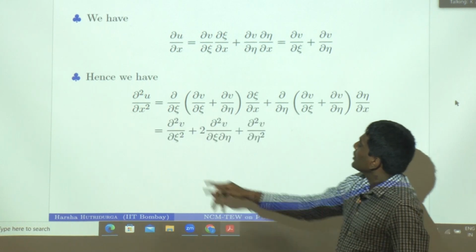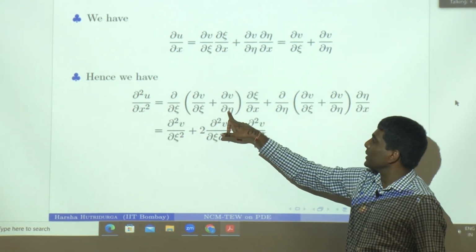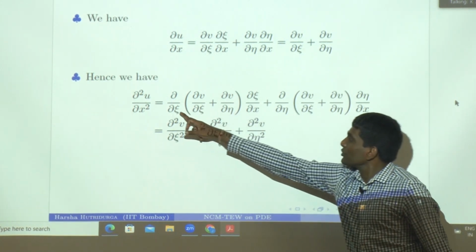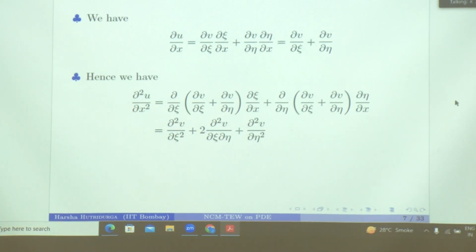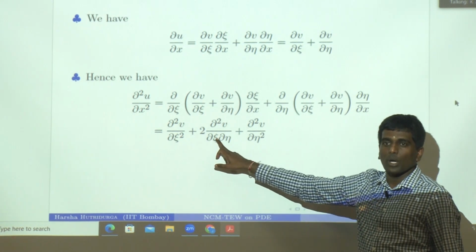Okay, when you push it, you get this term. There are two terms here which look like d square v by d psi d eta. One comes from here, and one comes when this fellow hits this. Okay, and you are assuming that these are very nice functions, so it doesn't matter in which order you differentiate, and that's why the mixed partial derivatives are the same, so you get two copies of it.